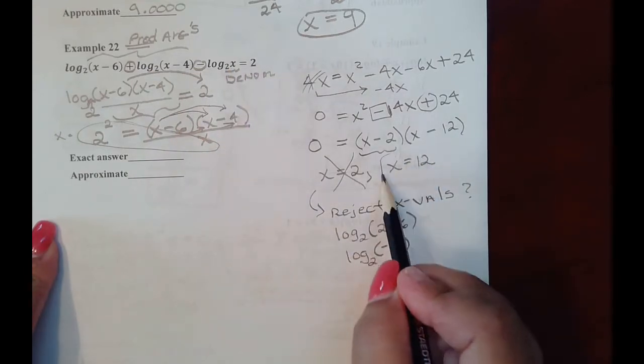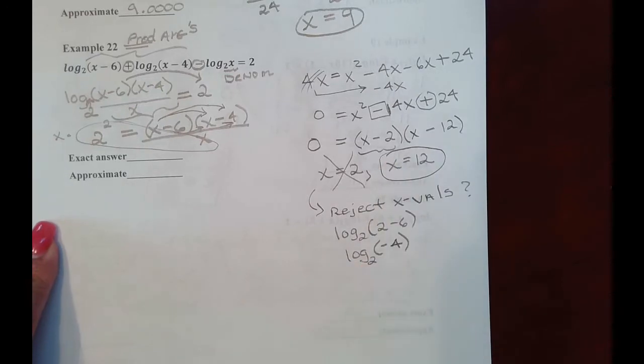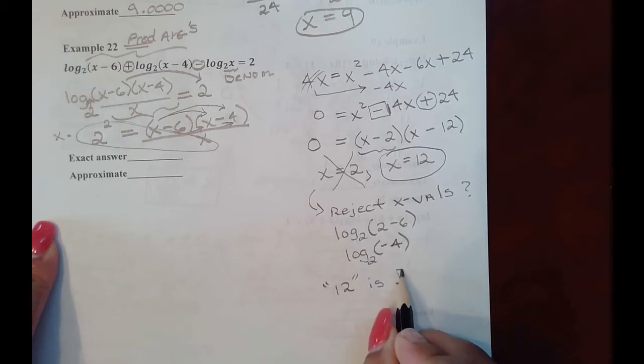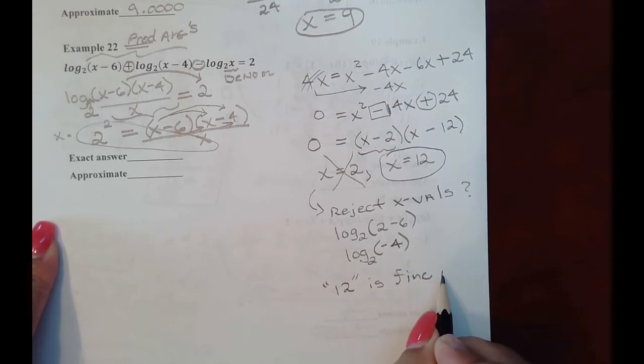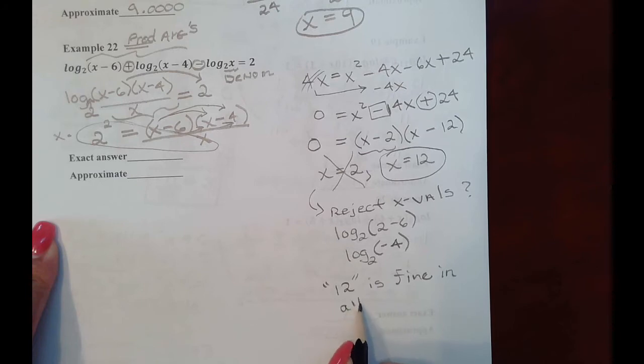So this is fine for all three of those individual logs. So 12 is fine, substituted into all three log expressions, and therefore it's good.